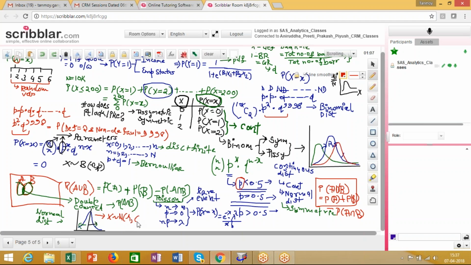The next part we need to understand is what exactly this distribution is, what the advantages of using it are, and why most of the testing procedures and theories are built on this particular assumption.